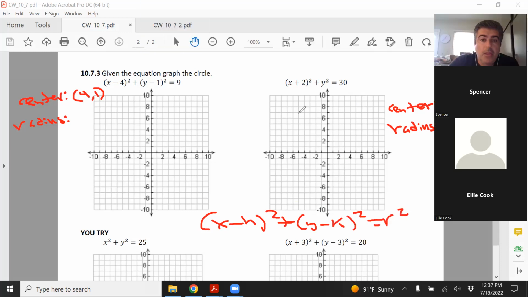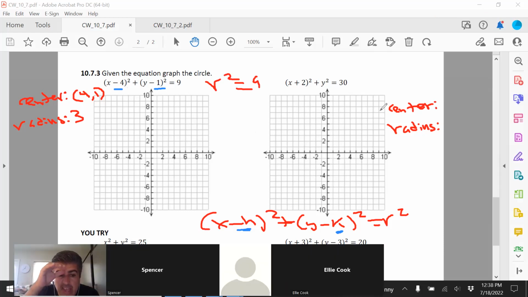You have minus, so you assume minus h. That's why you have 4. You have minus 1, so you assume 1 for that one. Then the radius is, of course, 3, because r squared is 9. So the radius is 3.